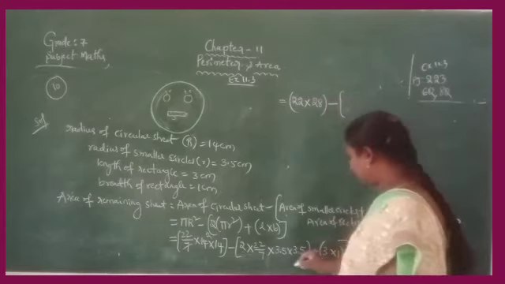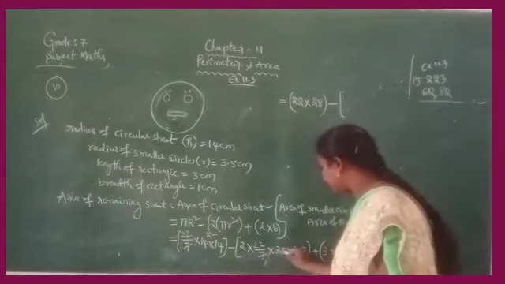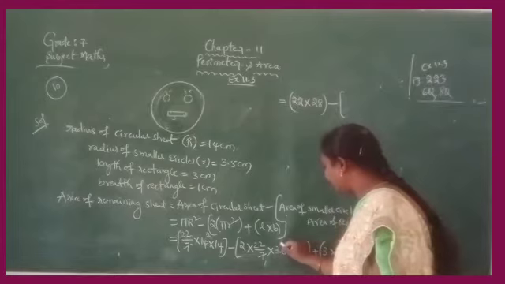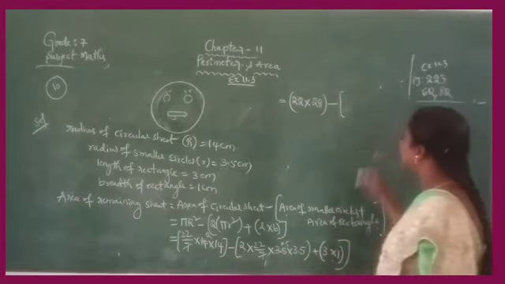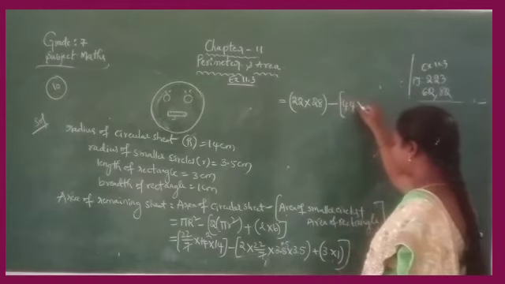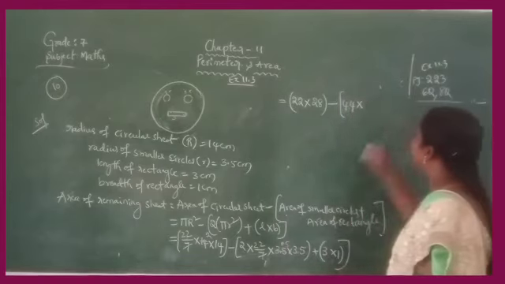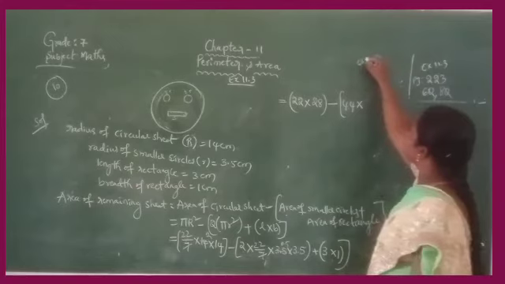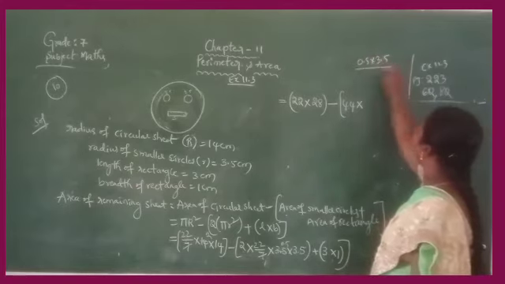Minus, 7 ones, 7 fives are 35, that is 2 into 22 is 44 into 0.5 into 3.5. How much is 0.5 into 3.5?